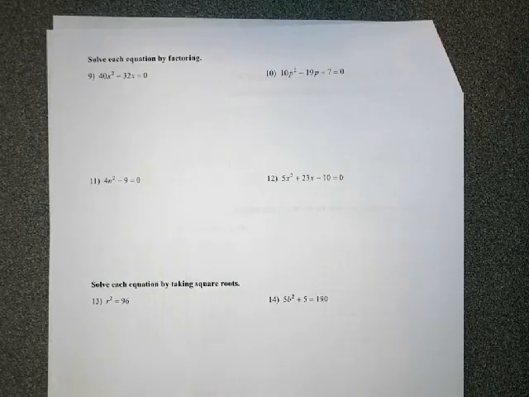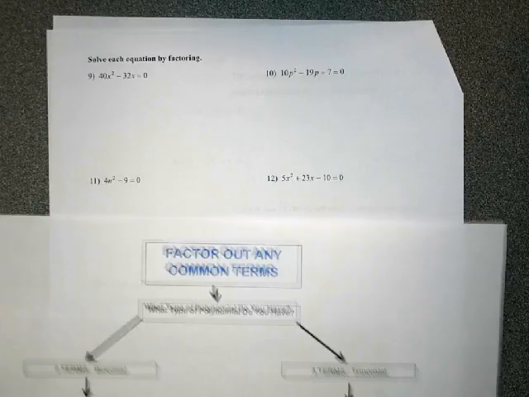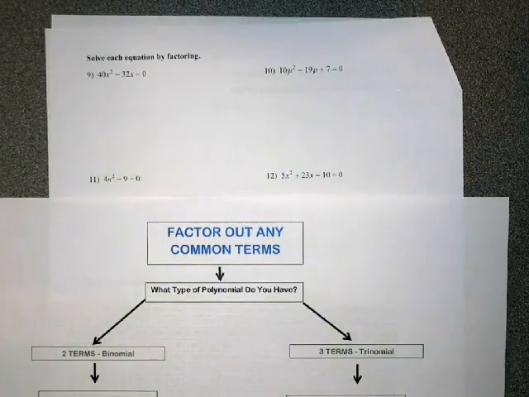I'll print some more out. The factoring flow chart, so if anybody wants a flow chart and needs one, I'll put them. Okay, and the blue cards are up there. In fact, I'll put them on that card. How about that? One chart for all.